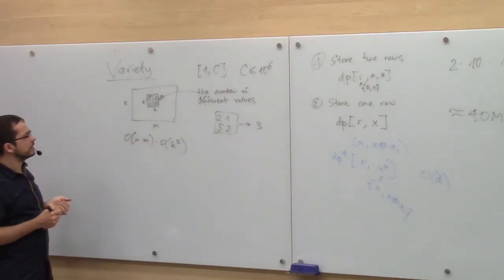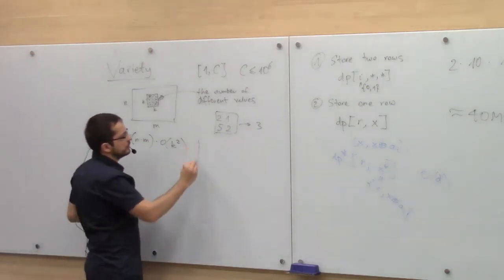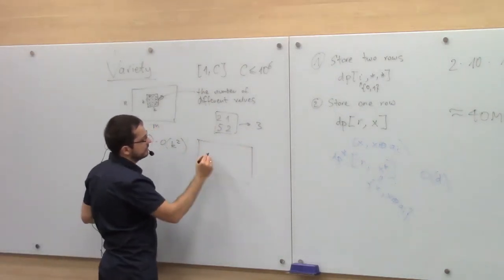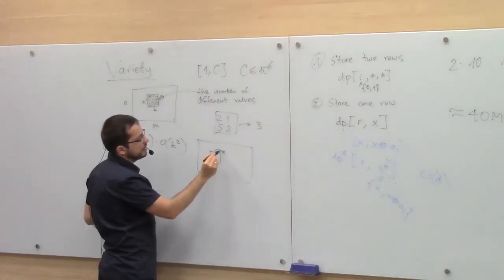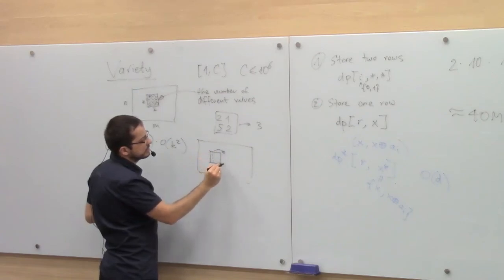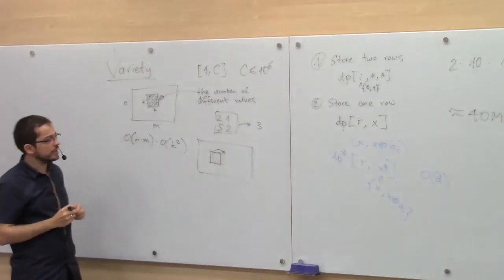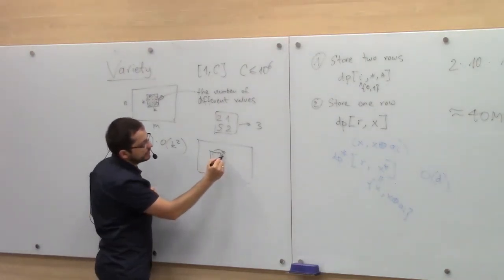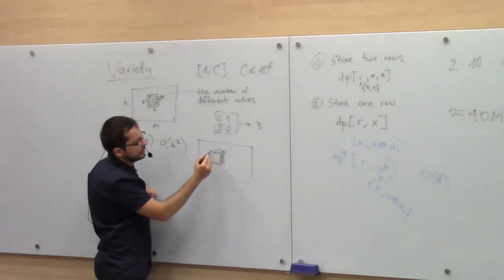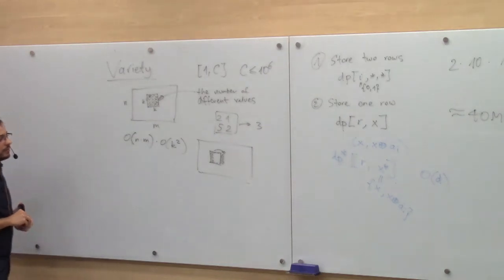A little more clever approach would be this: if we have calculated the answer for one square, we can just move this square one position to the right, adding one column and removing one column from the square.